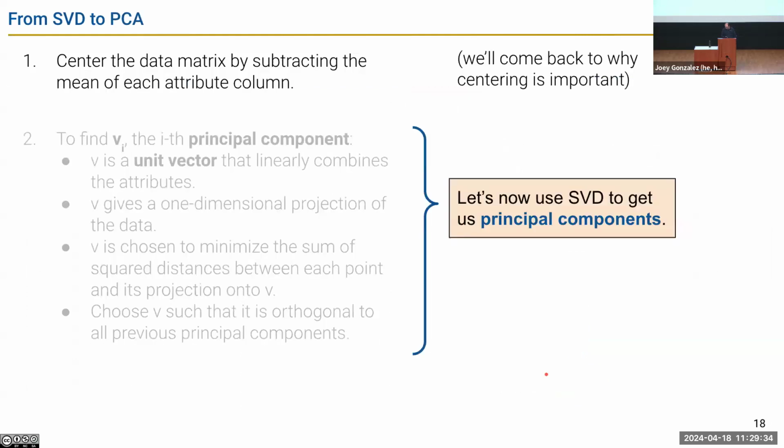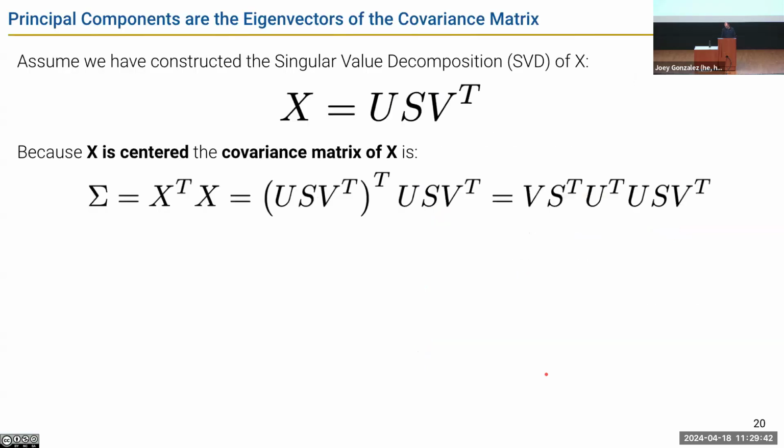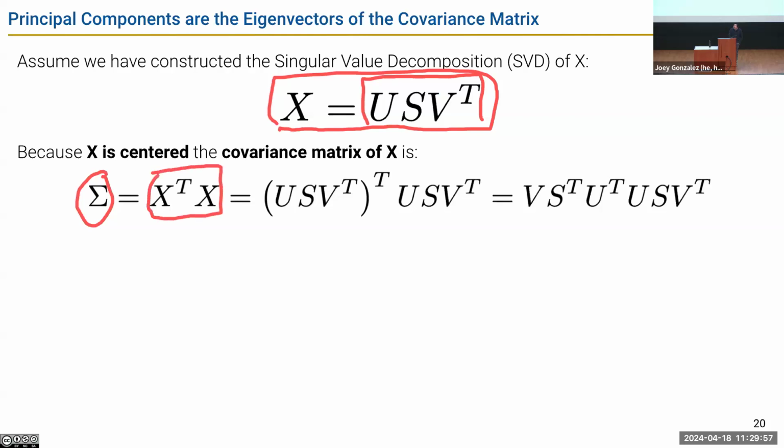The last mathematical step is, how do I get my principal components from SVD? I just told you, but just once more to see it happen. I'm saying that X is equal to U S V transpose. This is just a fact. My computer program gave me U, S, and V transpose. If sigma is my covariance matrix, I wanted the eigenvectors of that. Well, sigma is equal to X transpose X, as I've centered my data.